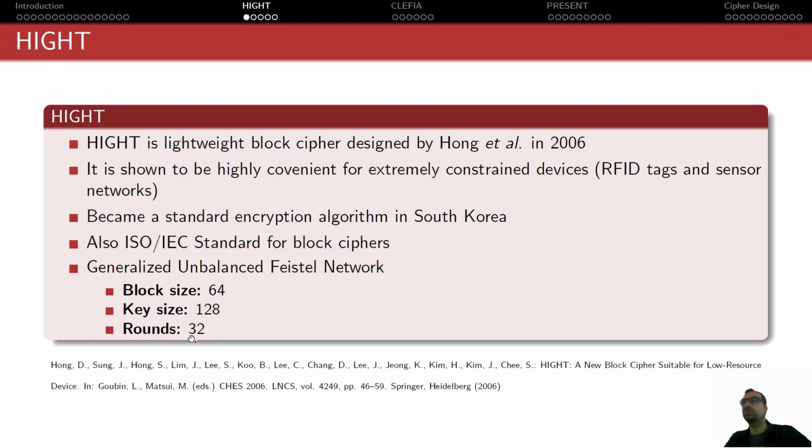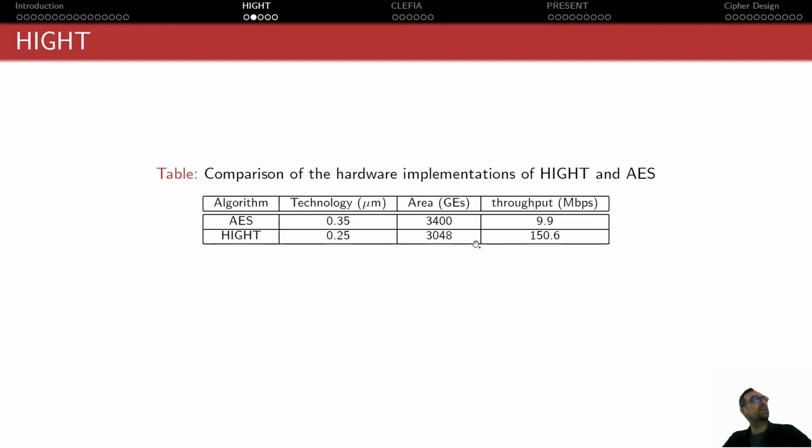This is not a good sign when you have designed something with 32 rounds and people start breaking almost the whole cipher, and generally it is not a good idea to make it a standard. This is why ISO people didn't want it to become an ISO lightweight block cipher standard.